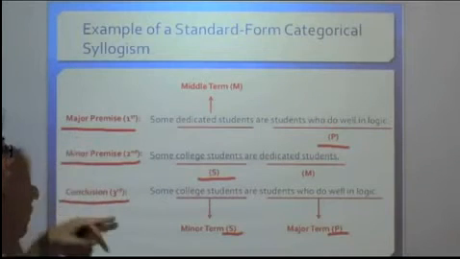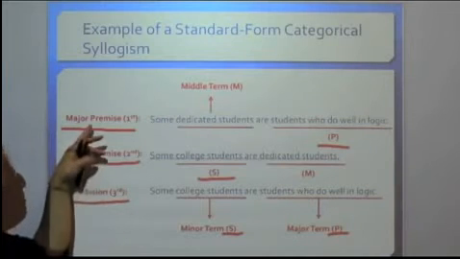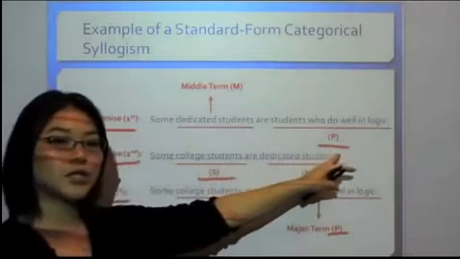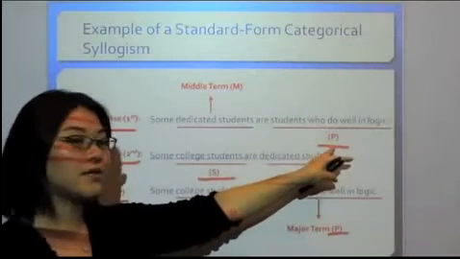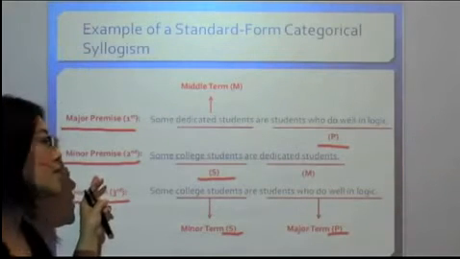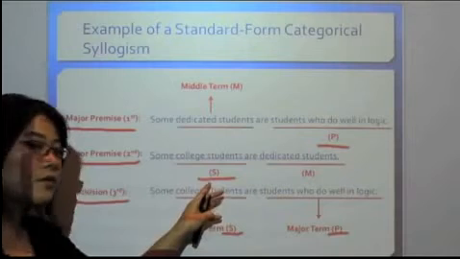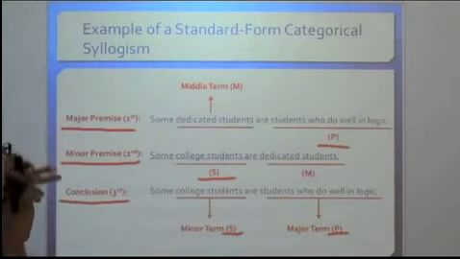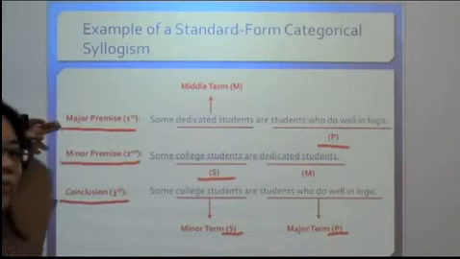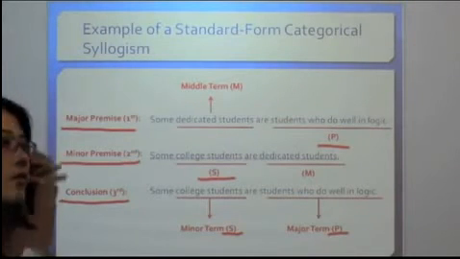The conclusion will always take this bottom position, the third position, okay? And the major premise will be the premise that contains the major term, okay, which is represented by the P here. And the minor premise will be the premise that contains the minor term, which is represented by this S here, okay? And the major and minor premises will always appear in this order, where you have the major premise first at top, the minor premise second in the middle, okay?